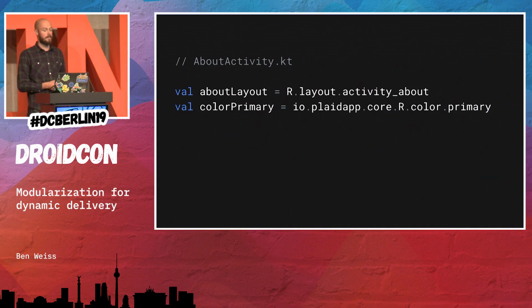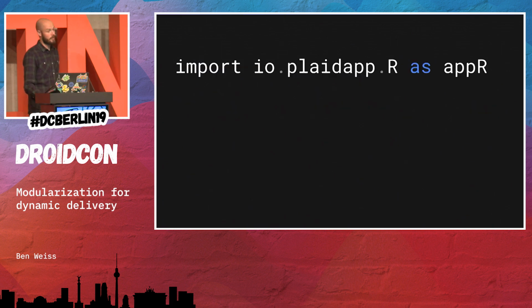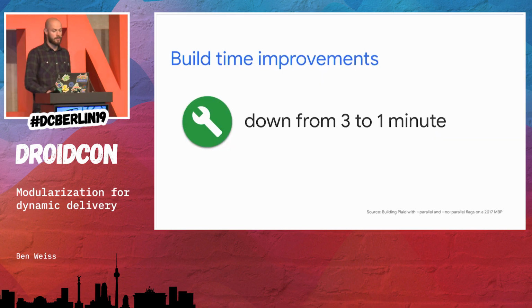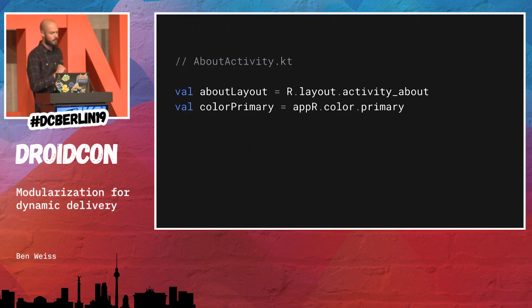It's cool, but if you have imports from other modules, you get the fully qualified import name, which can be really tricky to read over time, and it makes code reviews a bit trickier. Luckily, with Kotlin, you can alias imports. So instead of the fully qualified name, you import that as appr, and you can shorten all that down to appr instead of having the fully qualified import name, and that makes it easier to read, and it's still very maintainable for your whole application.